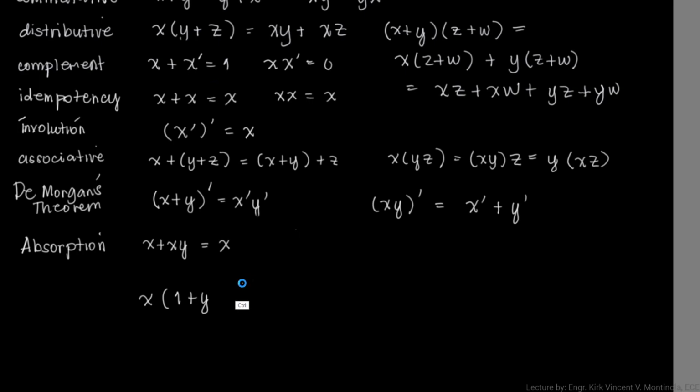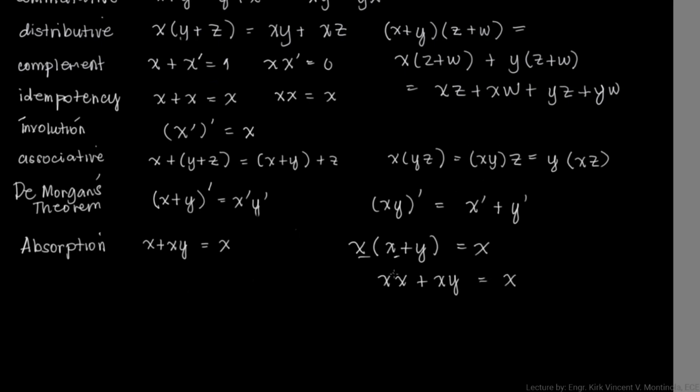For multiplication, that is also very similar. Like we have x times the quantity x plus y is equal to x. If you want to perform this by distribution, you get x times x, then plus xy, equal to x.